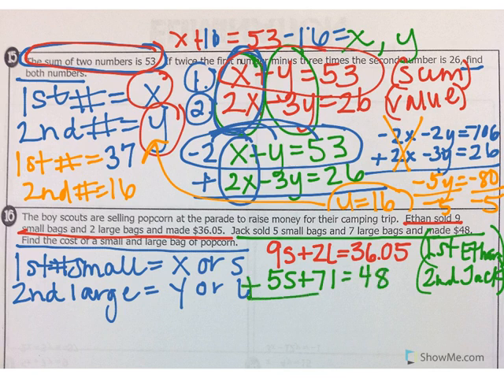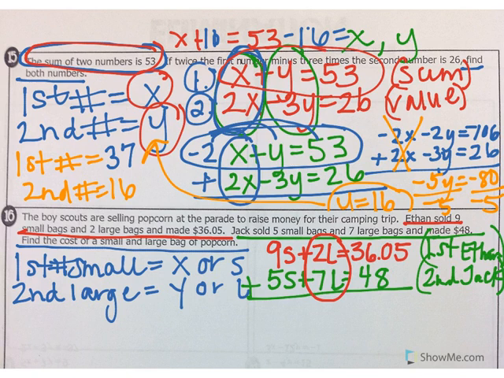Now you can use elimination to figure out what S represents and what L represents. So we want to cancel out one of those columns. To cancel out one of those columns, we have to make the same number with opposite signs. So we can cancel out the L column by making these two the same number. Well, if you have 2 and you have a 7, a common multiple of 2 and 7 would be 14.